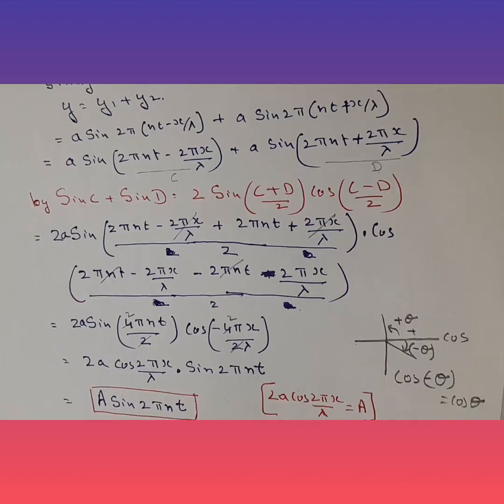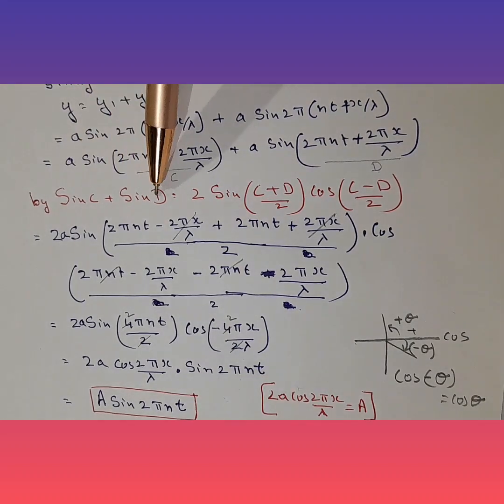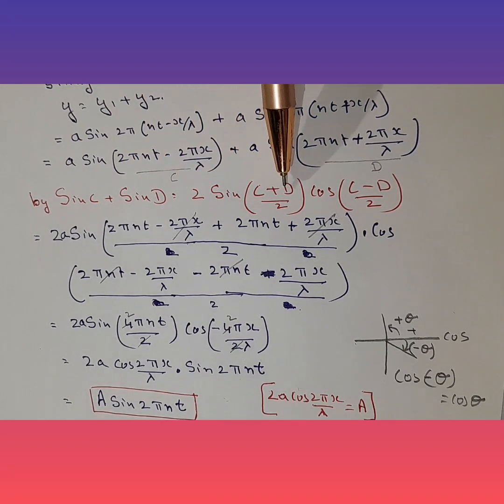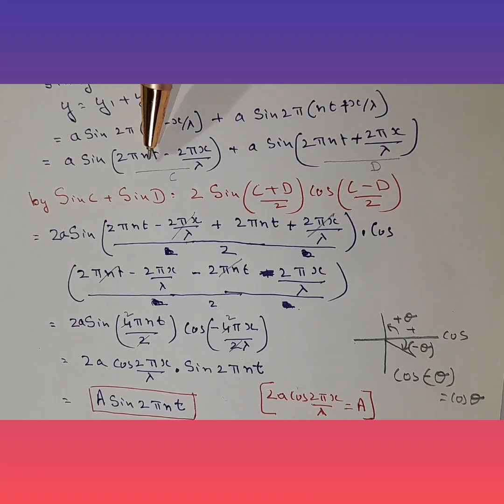Add up the two. By the formula, sin C plus sin D is equal to 2 sin((C + D)/2) cos((C − D)/2). Let's apply it to our formula.